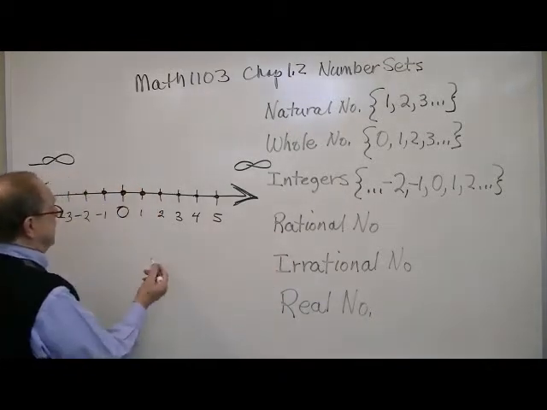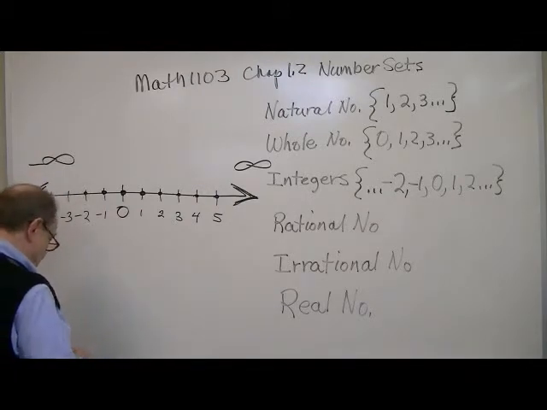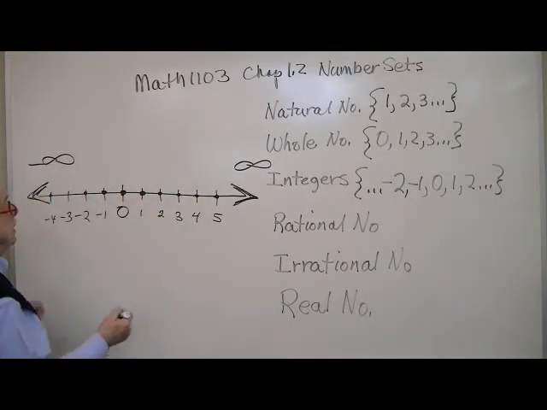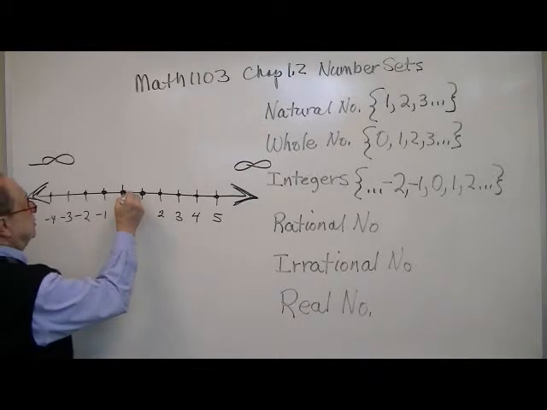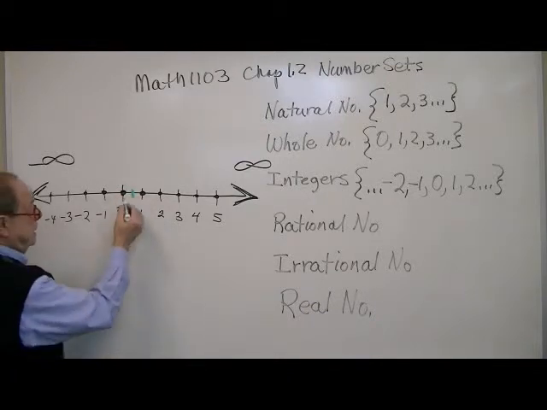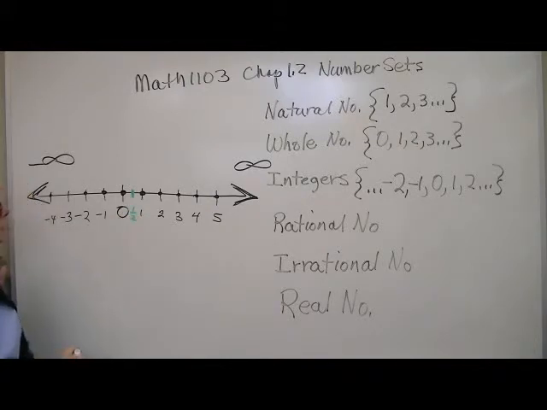And then you might say, well, are there other numbers in between? For instance, and let me change colors here. Let's use green. Right here, is there a number? Yes, and we know that number is 1/2.